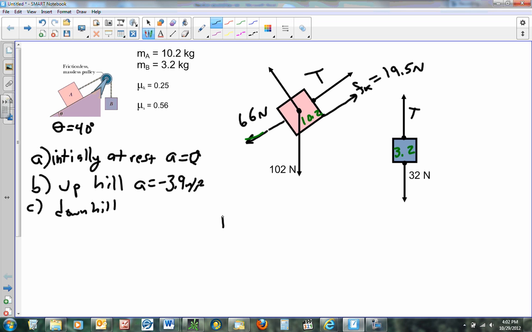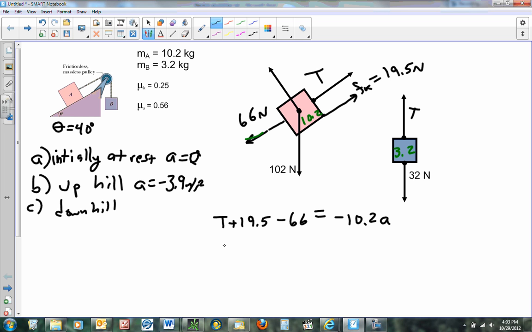Now we have T plus 19.5 minus 66 newtons equals, it's going to accelerate downhill, negative 10.2 times A, that's kilograms.